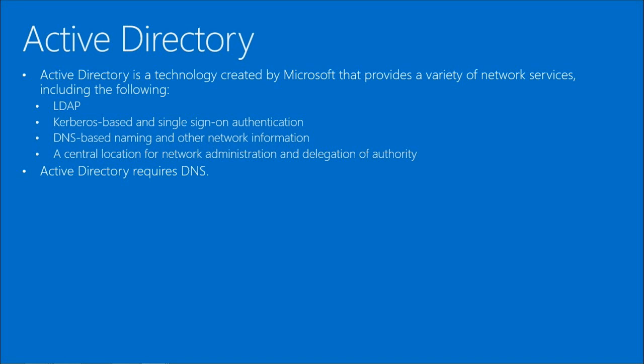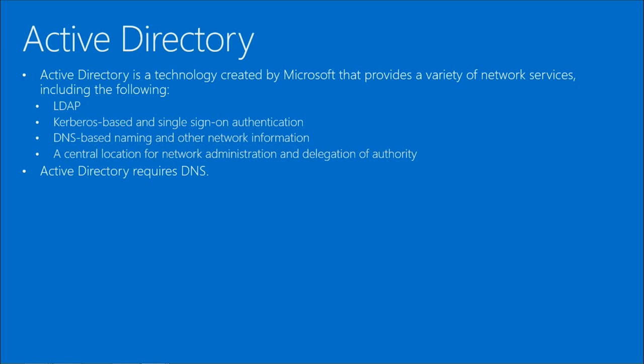Active Directory, technology created by Microsoft, provides a variety of network services, including LDAP, Kerberos-based single sign-on authentication, so secure authentication, LDAP, Lightweight Directory Access Protocol, DNS-based naming and other network information.